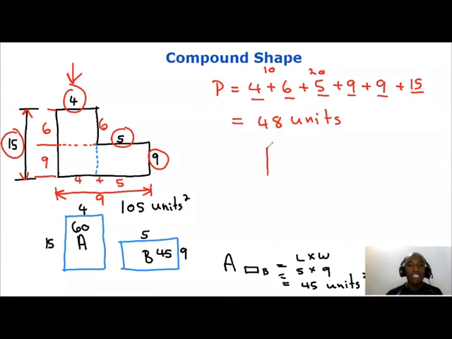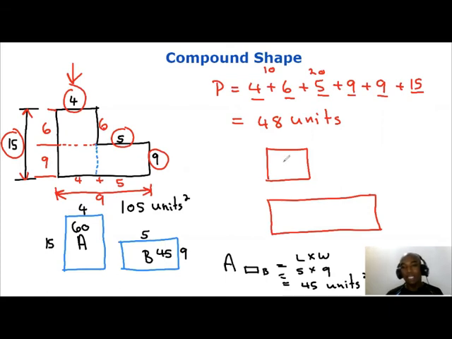You could have done it this way. So you had this piece up here and you had this piece here. But notice, it doesn't matter how you do it, your answer will still be the same. So for your dimensions here, you would have had 4 here and 6 here, and your dimensions here, as illogical as it would be, it would have been 9 by 9.